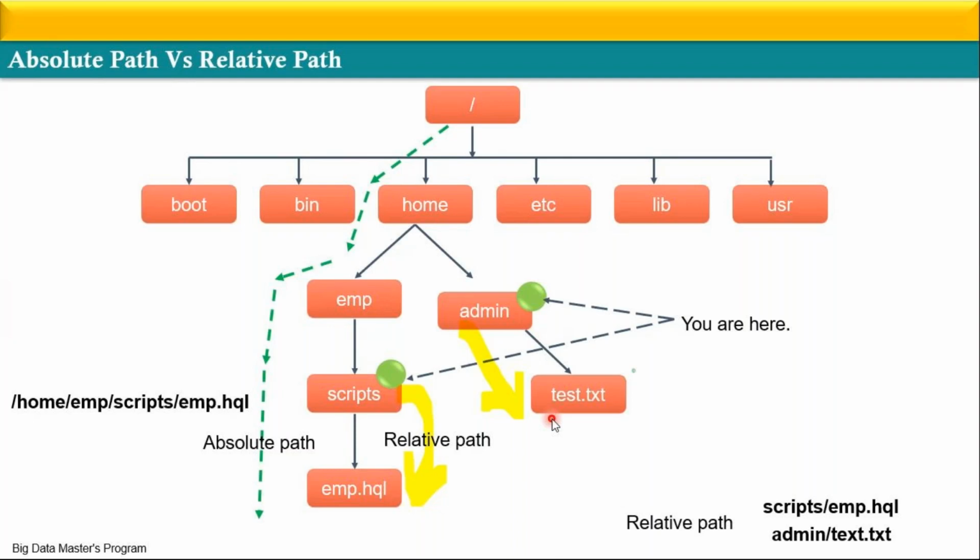You can take it this way: say you are from a particular village. If I mention just ABC village, that is the relative path. And if I mention India, state, district, then block, and then this village, that is the absolute path, right? Are you able to get it?